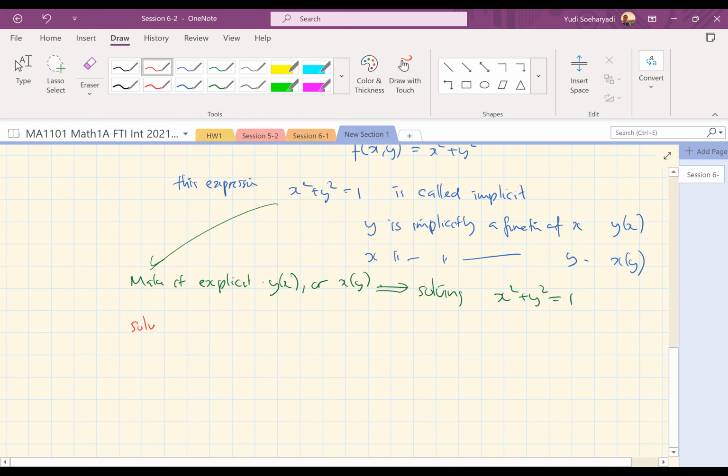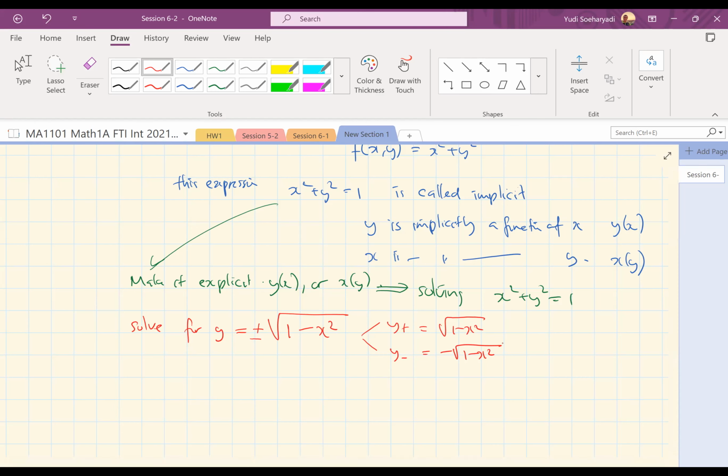If you solve it for y, you get something like this. But remember that you don't have only one function, but two functions. It means you have y plus and y minus. You have two expressions.